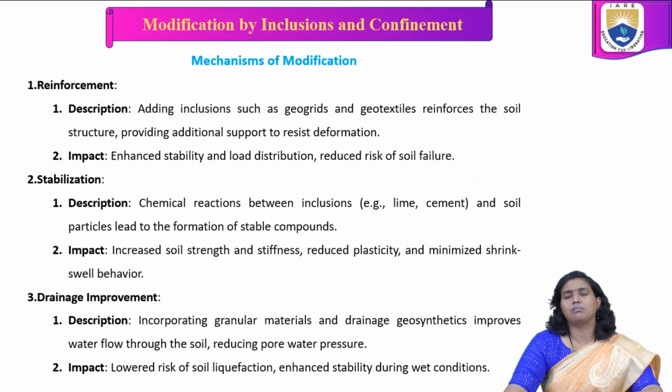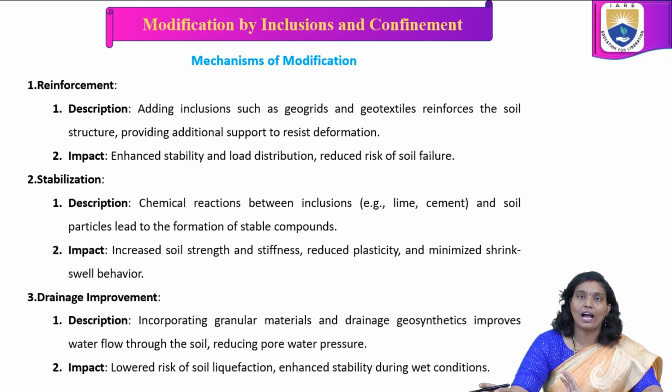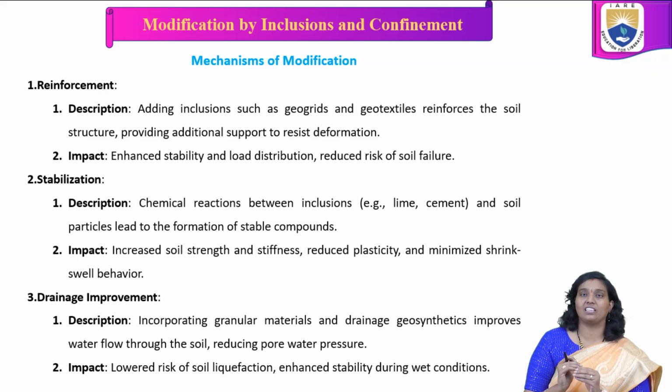In the mechanism of modifications, we have to understand various parameters: reinforcement, stabilization, and drainage improvement. In reinforcement, adding inclusions such as geogrids and geotextiles reinforces the soil structure, providing additional support to resist deformation. The impact is enhanced stability and load distribution, and reduced risk of soil failure.